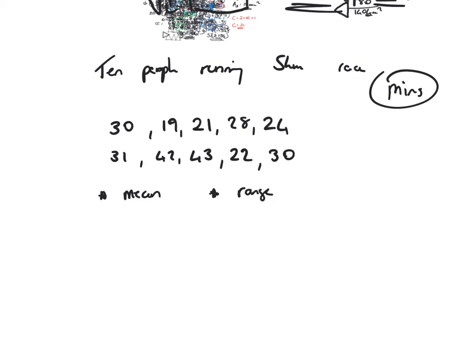Okay, so the mean is when you add all the times, and you then divide that by the amount of times that are in the sample.